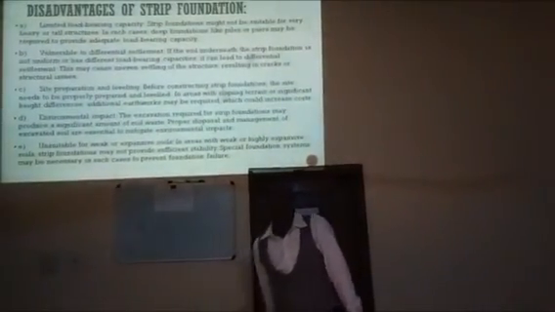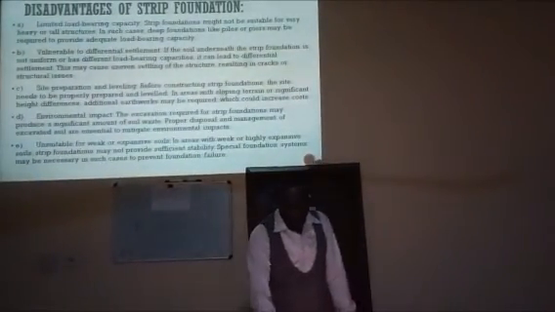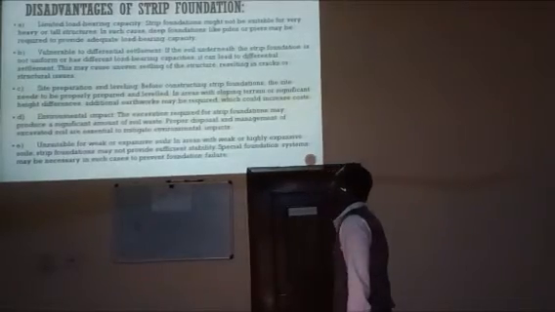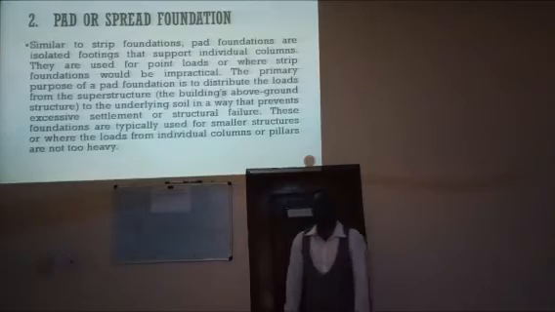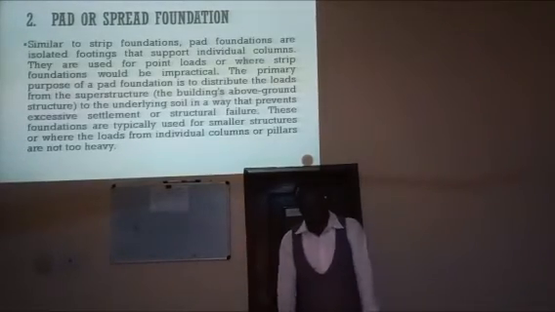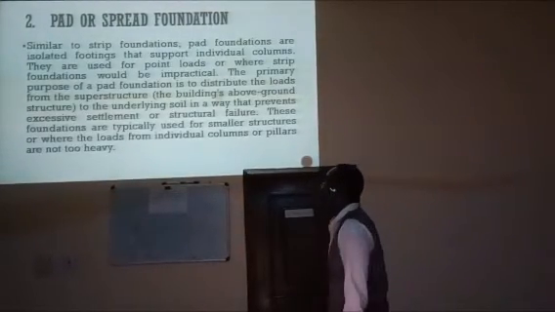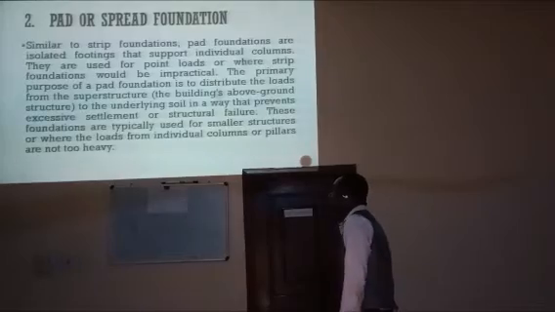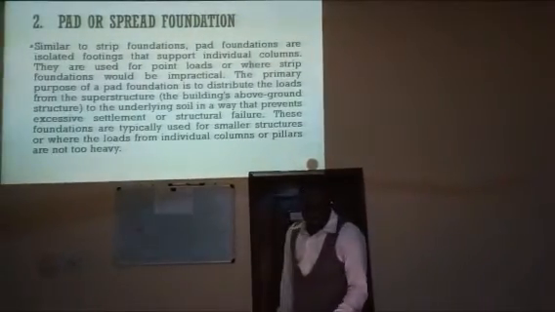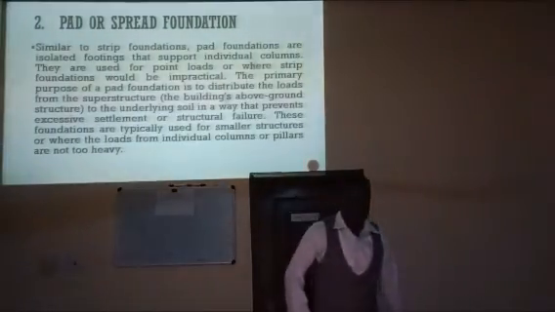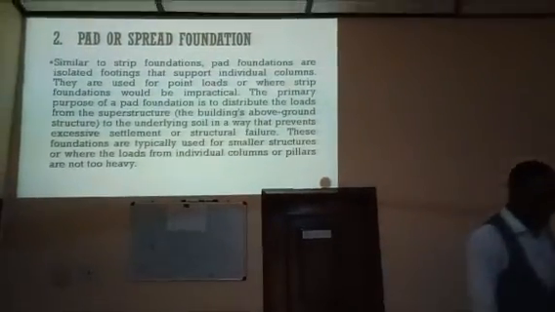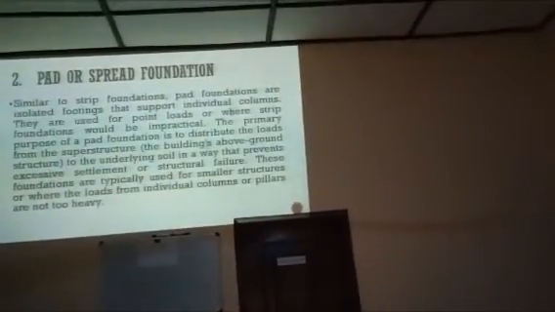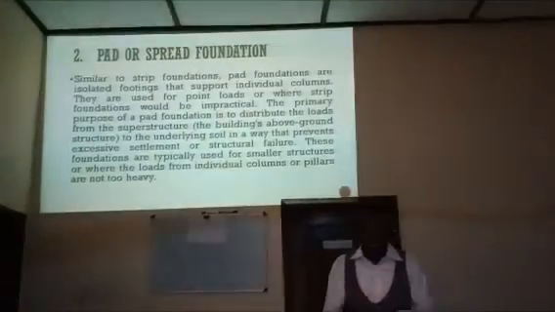It is used for point loads, whereas strip footings are used mostly for distributed loads. The primary purpose of a pad foundation is to distribute the load from the superstructure, that is, every other part of the building, to the underlying soil in a way that prevents excessive settlement or structural failure.